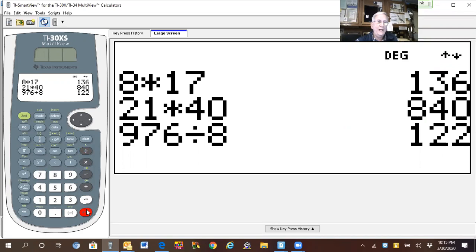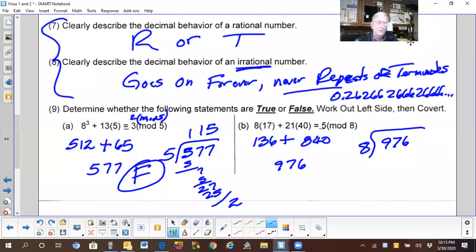Whoa, look at that. It came out even. Now, if it comes out even, what's that telling me? There's no remainder, right? So since there's no remainder, the answer for this problem would be 0, okay? So all I have to do is write down, this came out exactly 122.